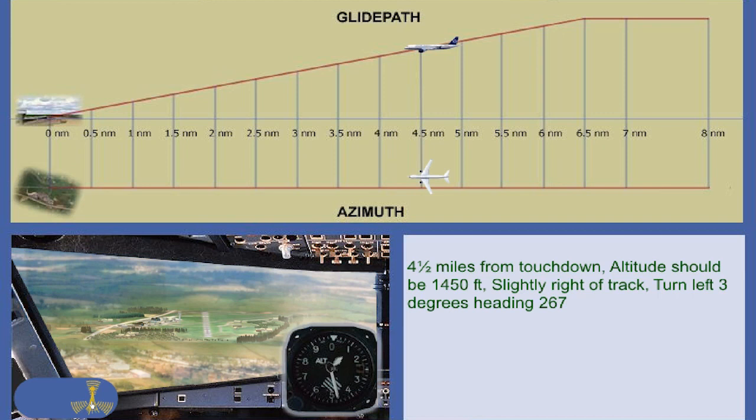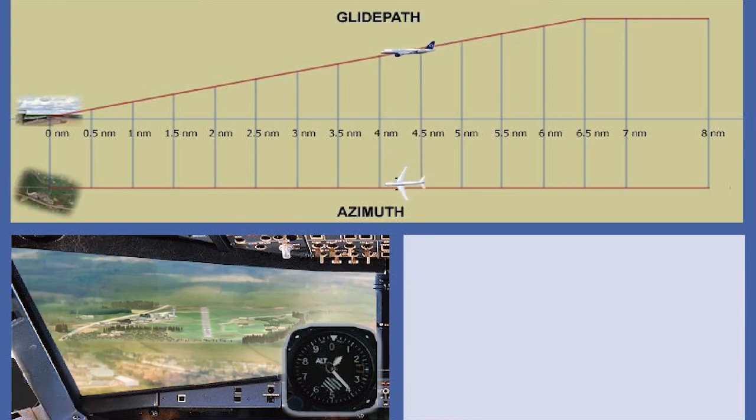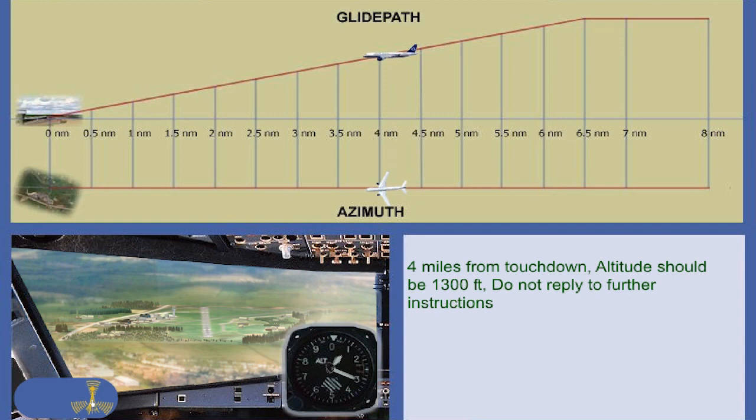Slightly right of track, turn left 3 degrees, heading 267. Heading 267, Oxbow 345. Four miles from touchdown, altitude should be 1,300 feet. Do not reply to further instructions.